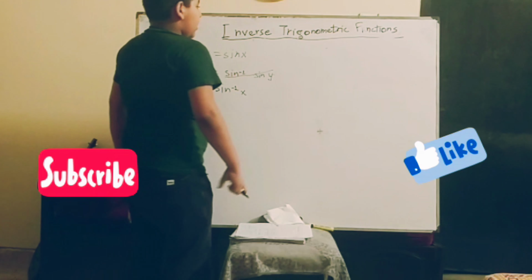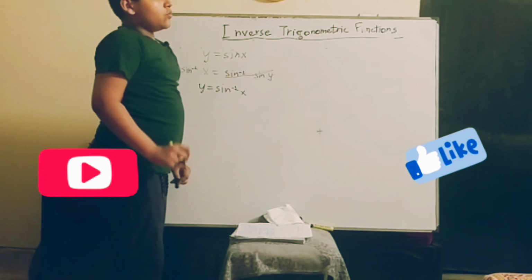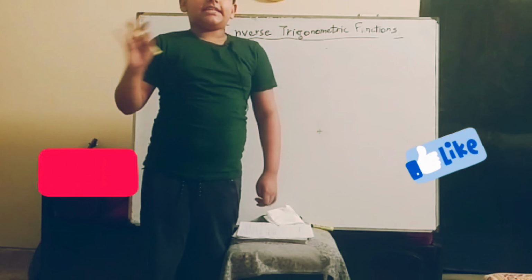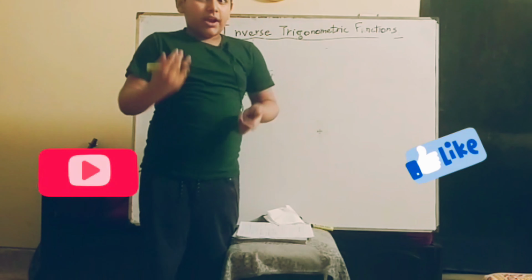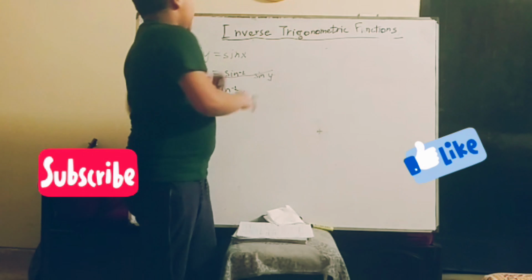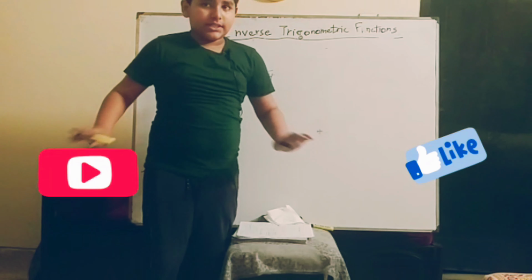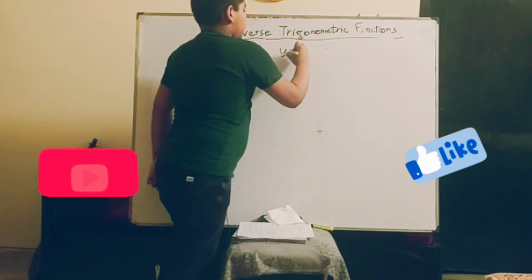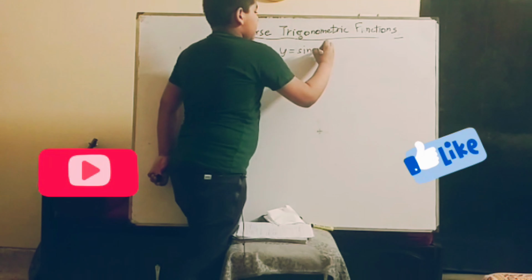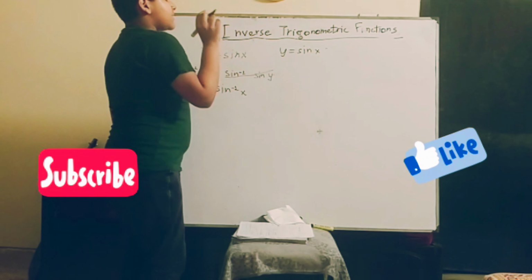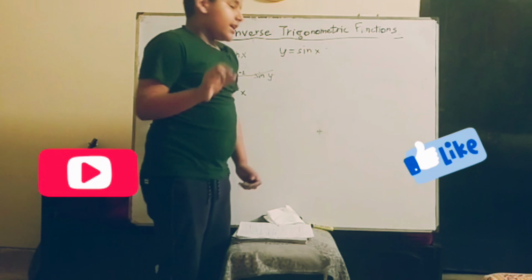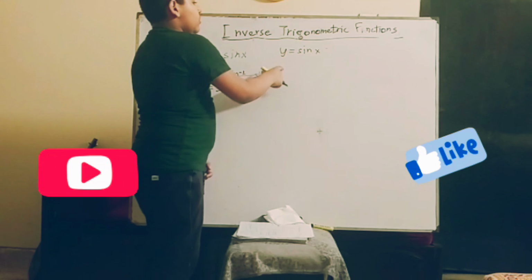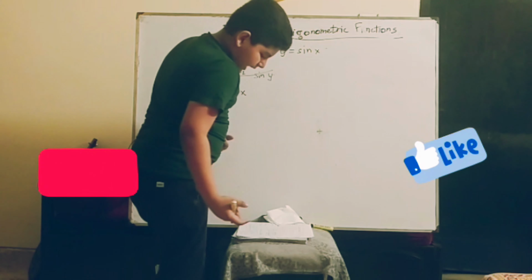Basically, there's one more thing to talk about, which clearly shows why inverse sine is not equal to cosecant. In the y equals sine x function, x is the angle that you put in, theta, and y is the corresponding value of sine.